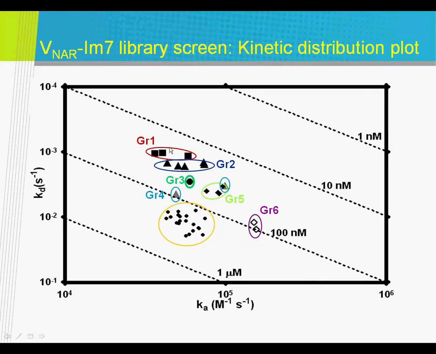Group 5 had a mutation, was it aspartate to glycine? That didn't make that much difference, but there was some difference to it compared to wild type. An interesting mutation was group 6.